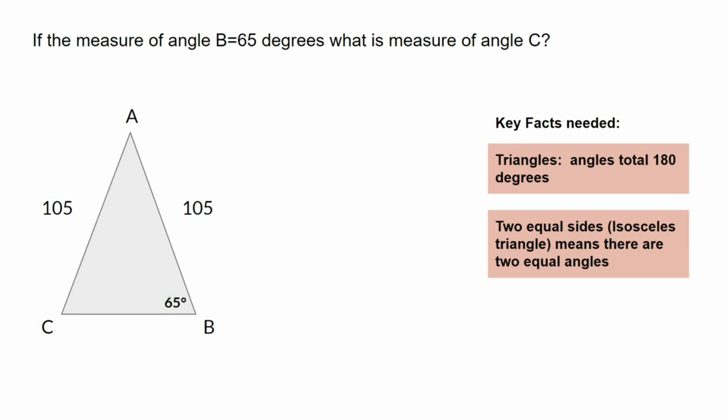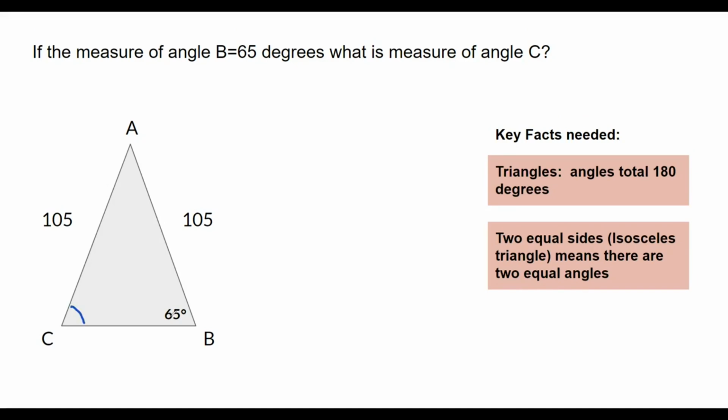And it's going to be the angles that look like they should be equal. It's this angle and this angle in this triangle. We can see that angle A is different. So going back to the question that was asked, if the measure of angle B is 65 degrees, what's the measure of angle C? Well, it's also 65 degrees.